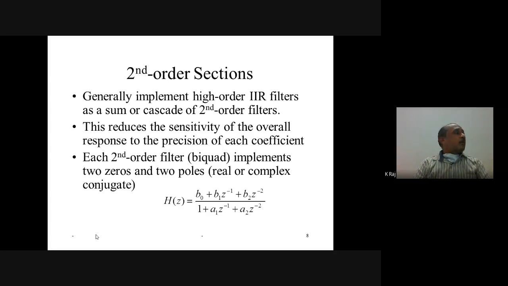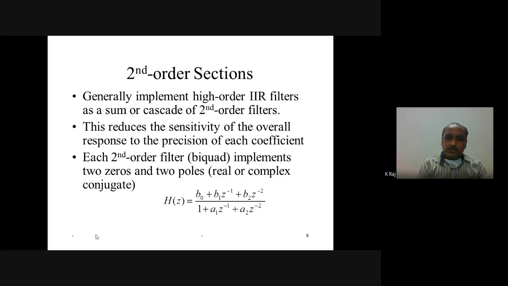Now here we have also discussed second order sections. We have discussed the concept that during implementation, if the order is very high, greater than second order, then it will be broken into first order and second order sections. Why is this larger order broken into first order and second order sections?